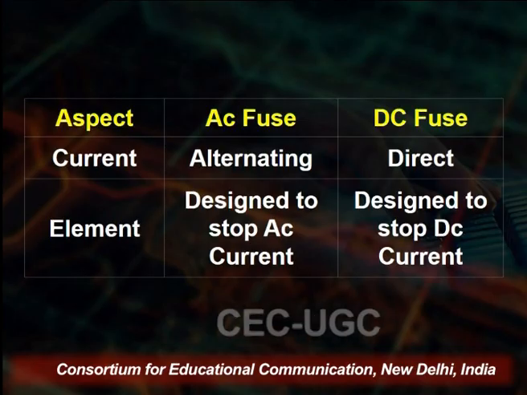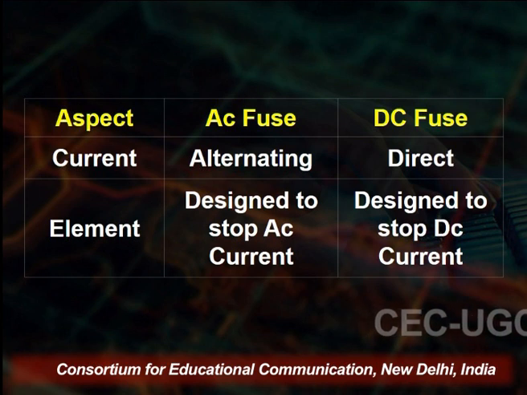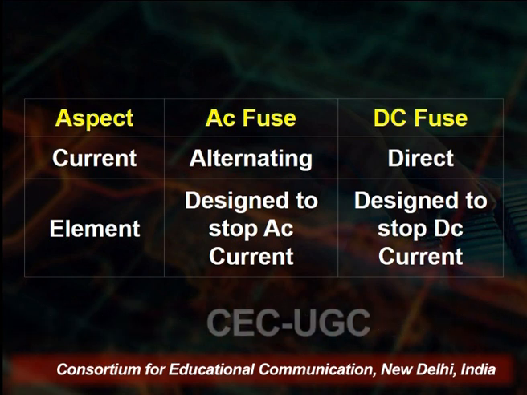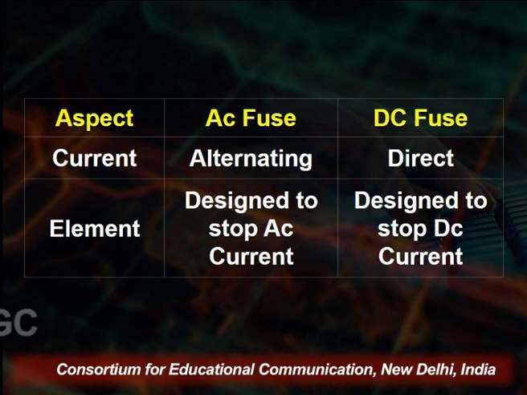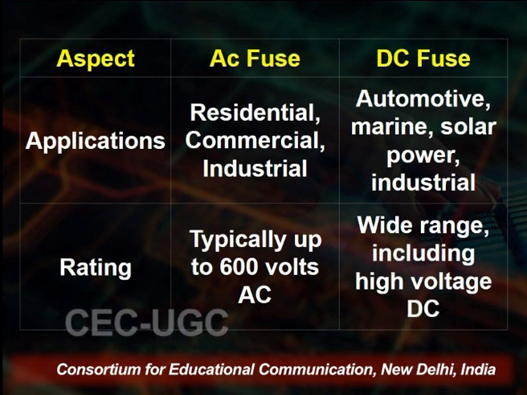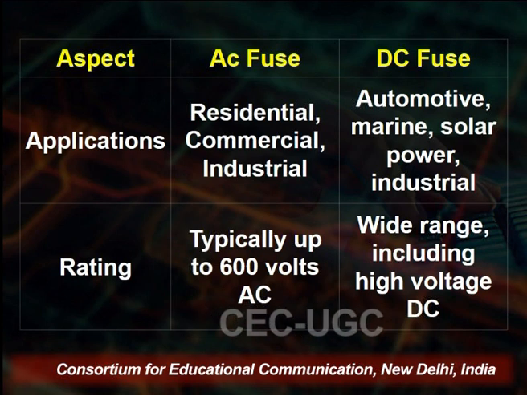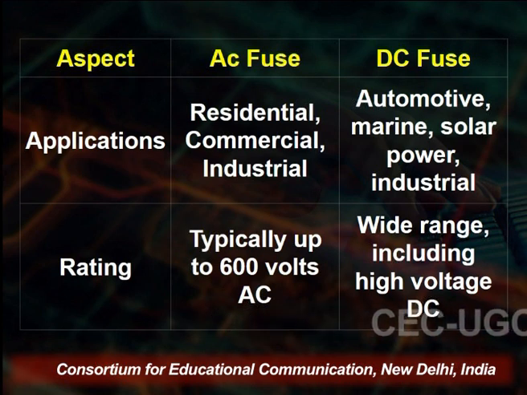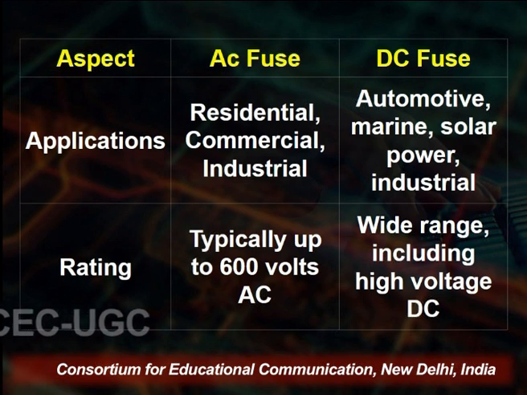There are some aspects that differ between AC and DC fuses. In AC we use alternating current, here we use direct current. Another aspect is the element: in AC fuses it is designed to stop AC current, and in DC fuses to stop DC current. Another is the application: residential, commercial and industrial where we use AC fuses, and in DC fuses we use automotive, marine, small solar power and industry also.